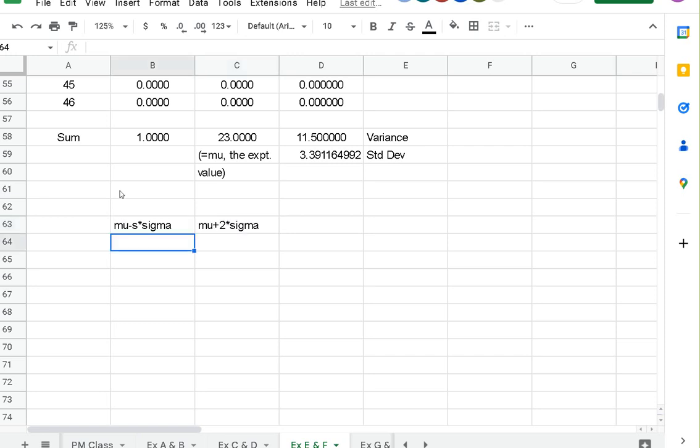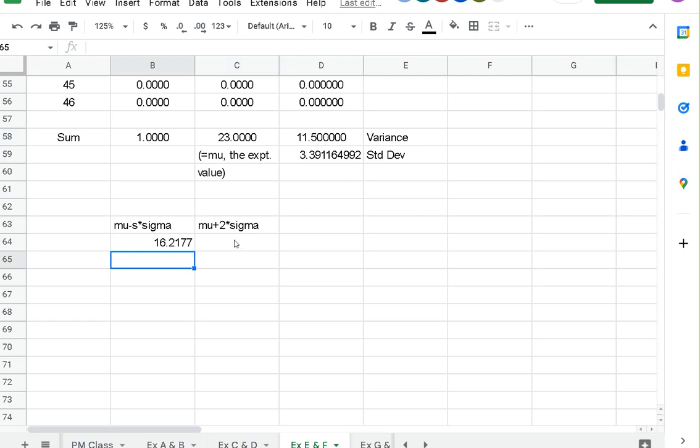So I'm just giving it some labels, but that's going to equal, see, I'm being even lazier. I'm not even typing in mu. Mu minus 2 times, where's the times key for Google Sheets? Asterisk. The asterisk, shift 8, times, and then I'll click the standard deviation.